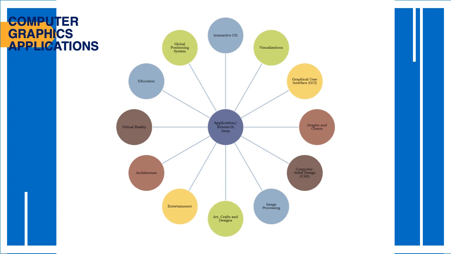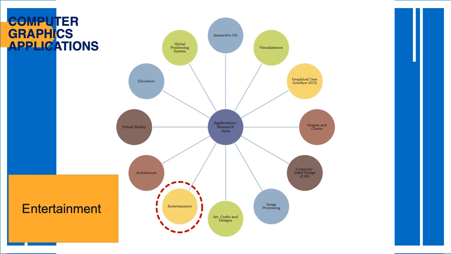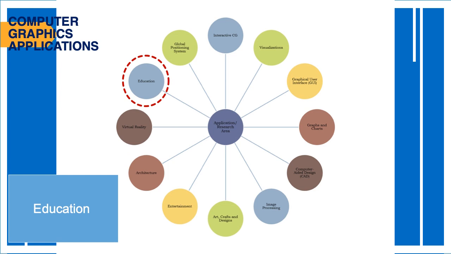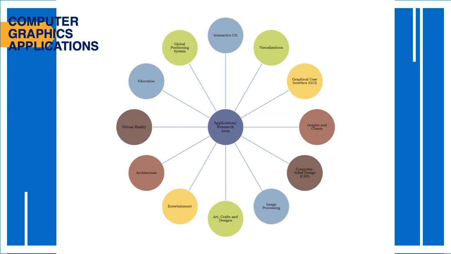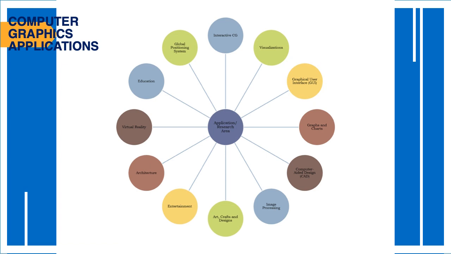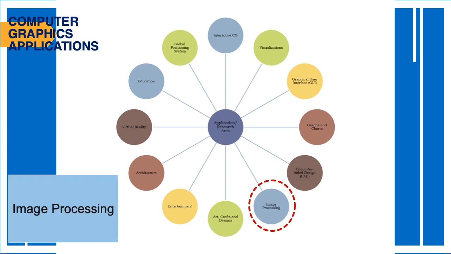Today, we find computer graphics used routinely in such diverse fields as arts, crafts and design, entertainment, architecture, virtual reality, education, the global positioning system, known as GPS, interactive computer graphics, visualizations, the graphical user interface or GUI, graphs and charts, computer-aided design, known as CAD, and image processing.